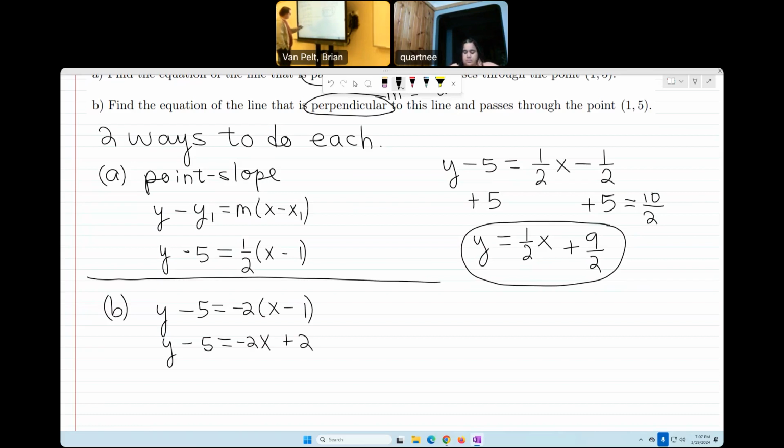And then we add 5 to both sides and we get rid of, what is it? So that's y equals negative 2x plus 7.